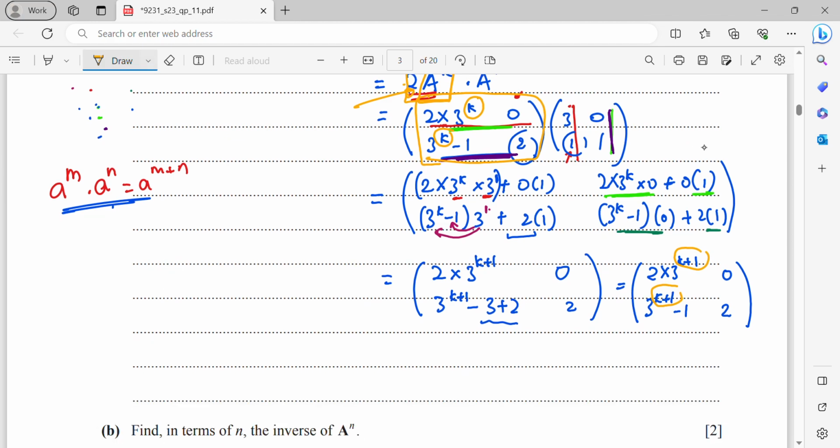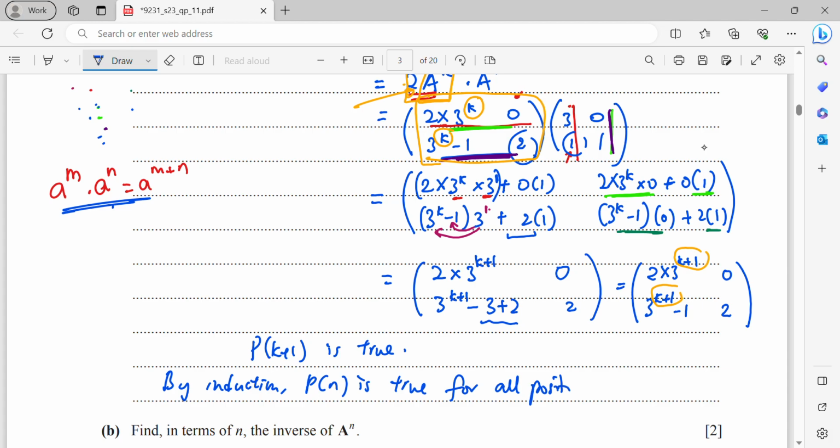So with this, I can make the conclusion: P(k plus 1) is true. So by induction, P(n) is true for all positive integers n. Alright, so we have done this question.